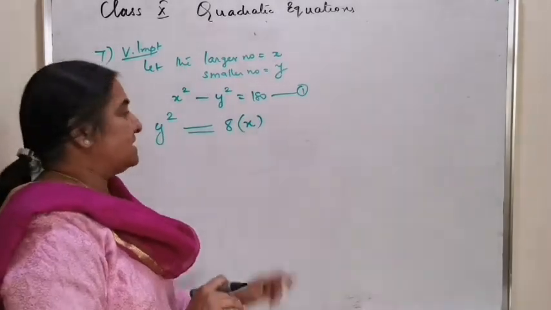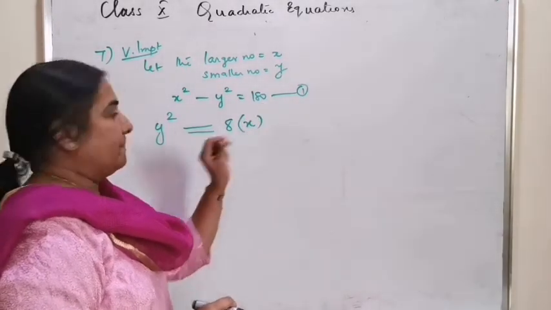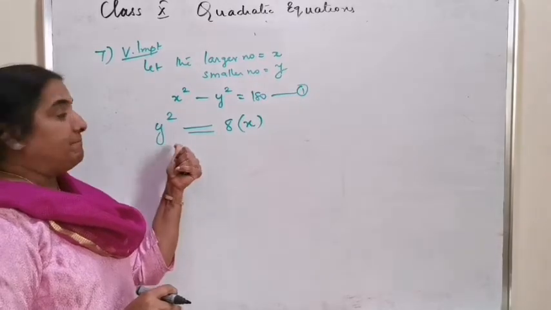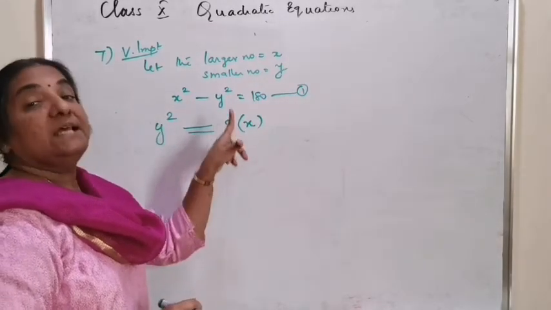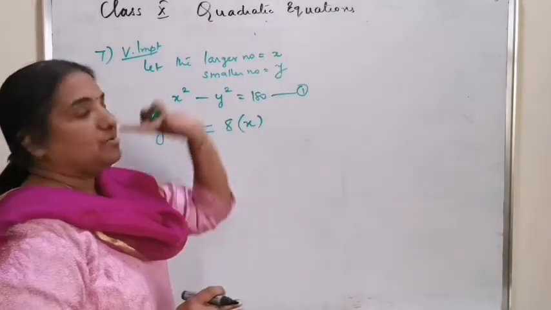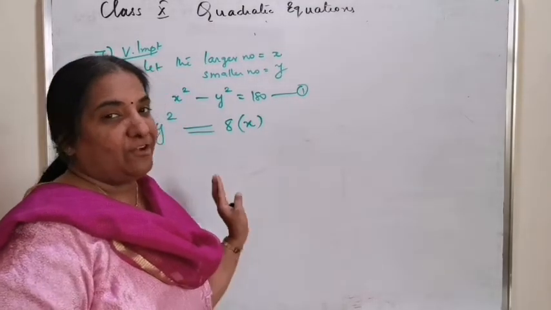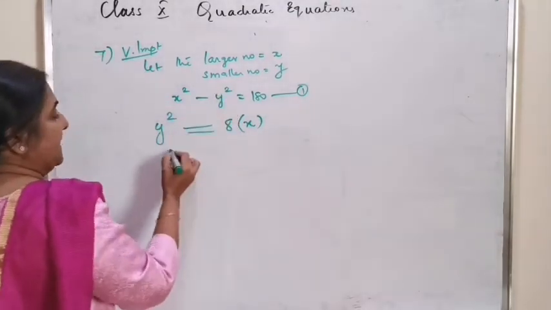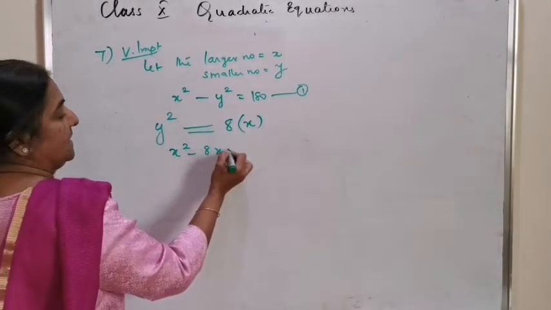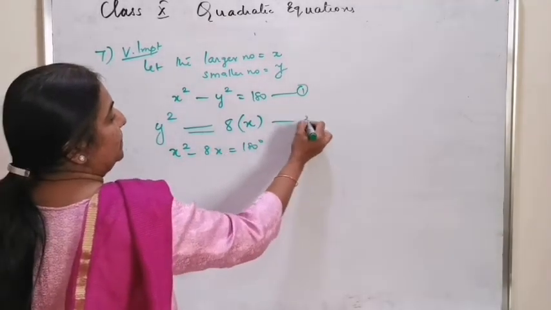Children used to make mistakes here, they will say 8x square. No. The square of the smaller number is 8 times larger number. Larger number is only x. So read the question thoroughly, then only form the equations. So replacing, x square minus 8x is equal to 180.